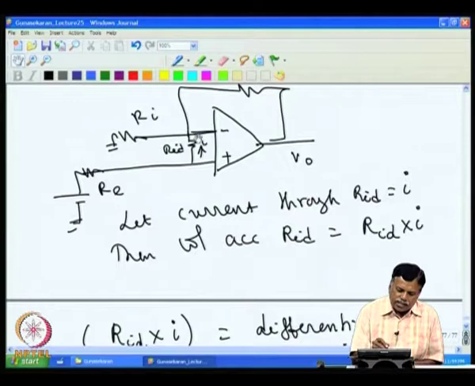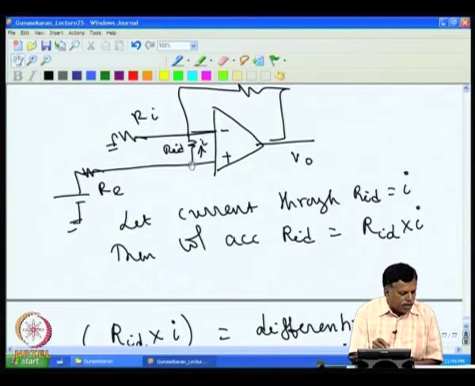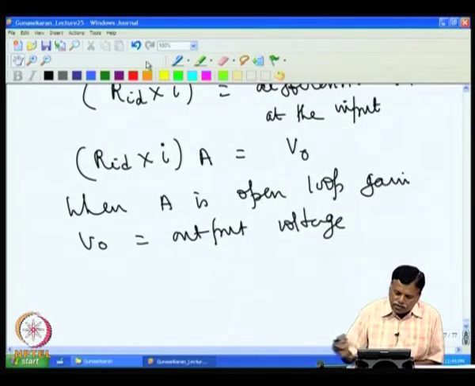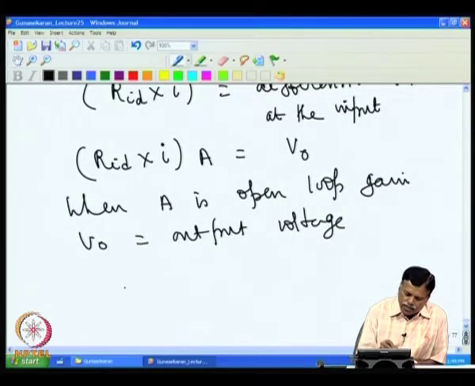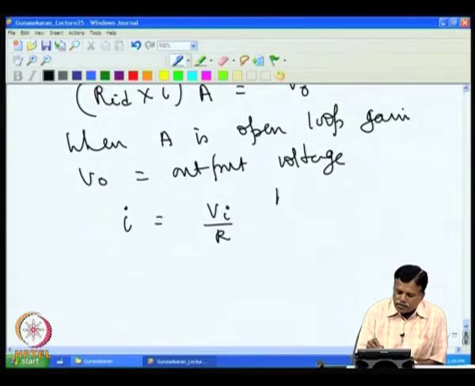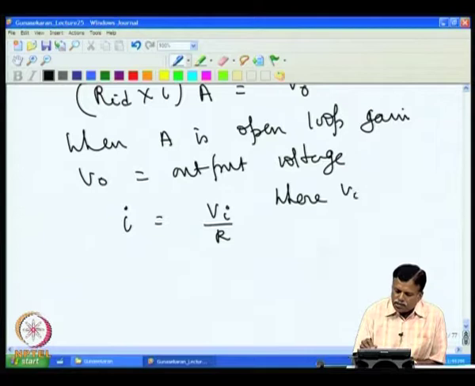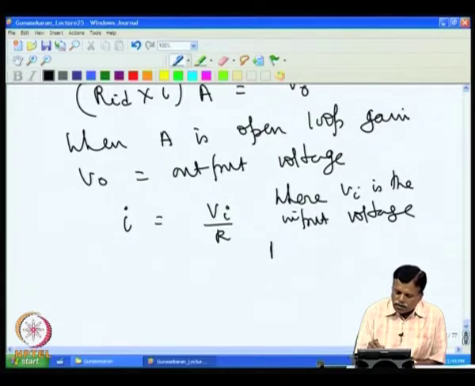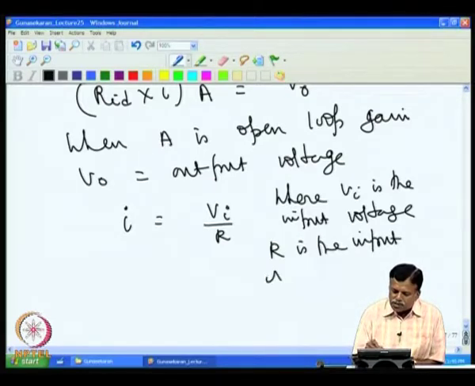The value of I is nothing but Vi, the input voltage, divided by R, where I take R as the equivalent input resistance, the input resistance that we are looking for.